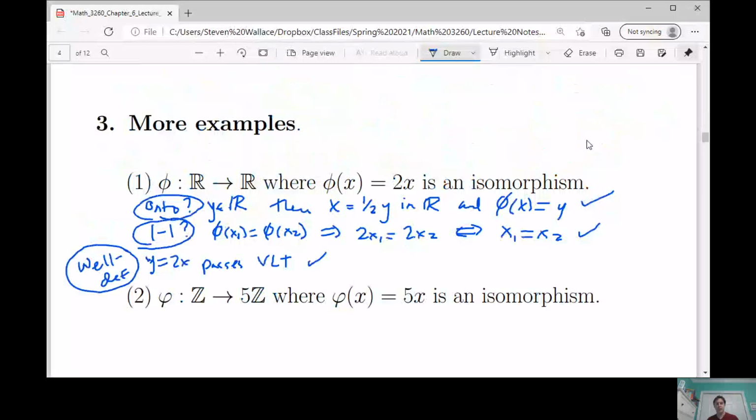Okay. So OP: 5x plus y, and of course this is the real numbers under addition.